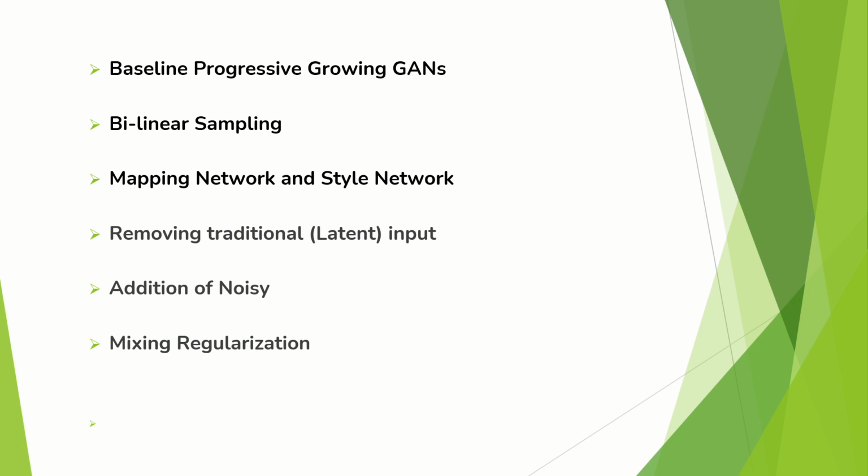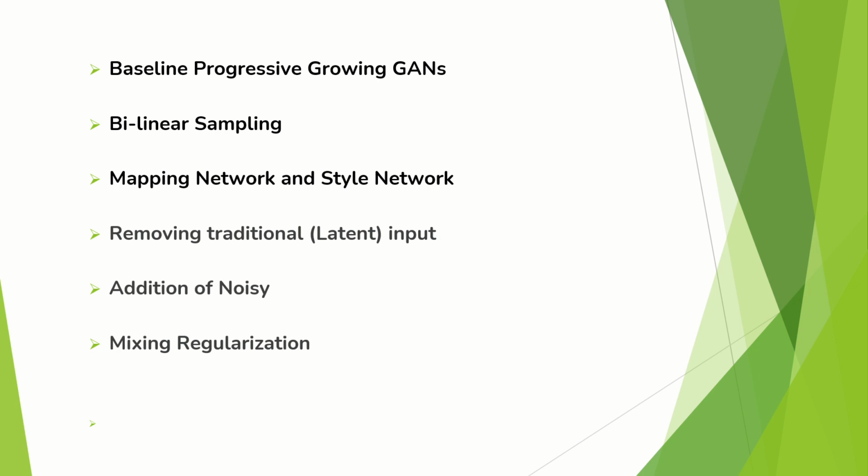So the next part is the mapping network and style network. The goal of the mapping network is to convert the input latent vector into an intermediate vector whose different elements control different visual features. Instead of directly providing the latent vector to the input layer, the mapping network is used in this paper. The latent vector of size 512 is mapped to another vector of size 512.